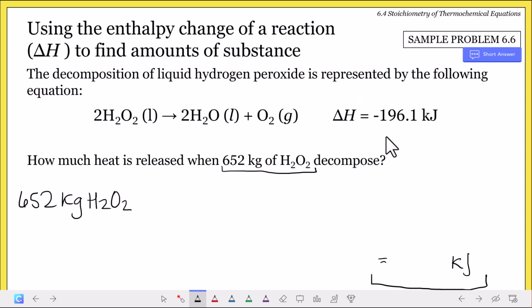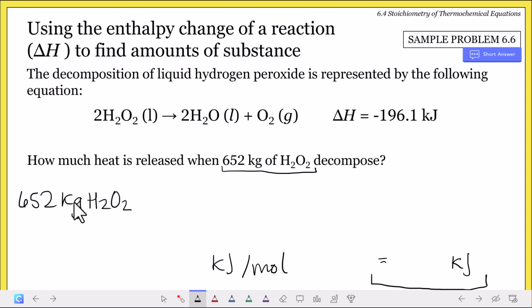So eventually I'm going to want to use something like kilojoules per mole, right? Because we said we have this thermochemical equivalence with all of our substances here. So if I have 2 moles of hydrogen peroxide decomposing, I have 196.1 kilojoules of heat being released. So I'm going to want this mass to be expressed in moles.